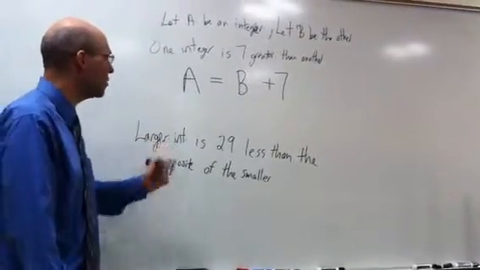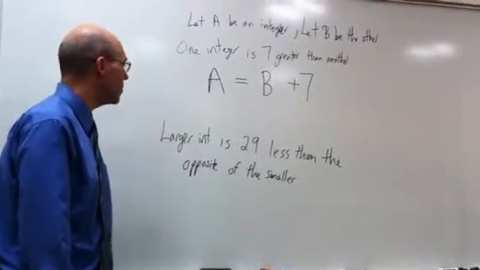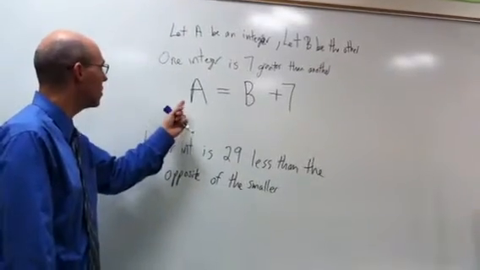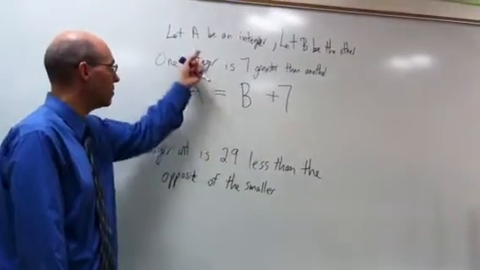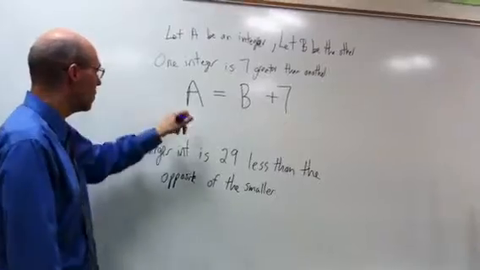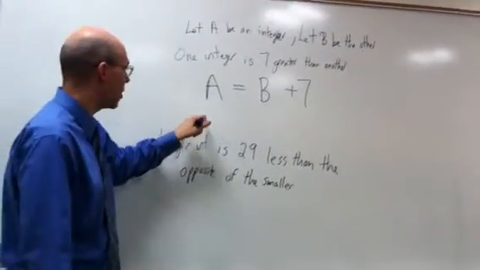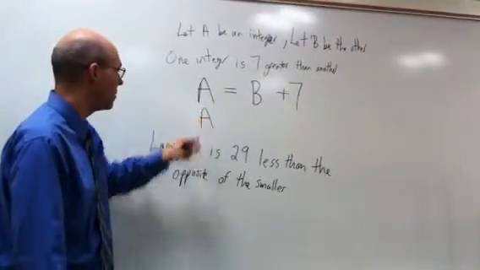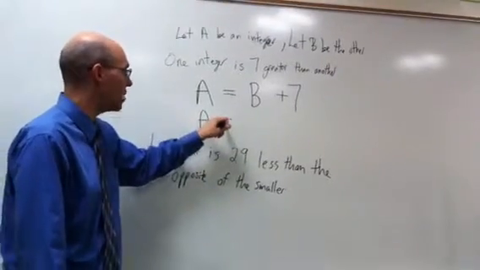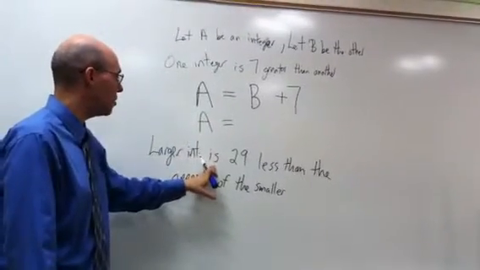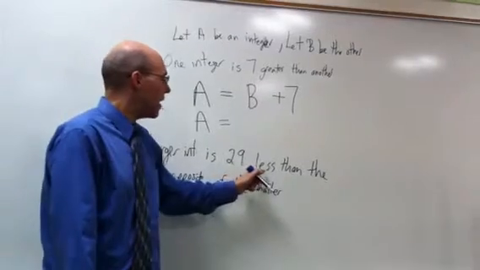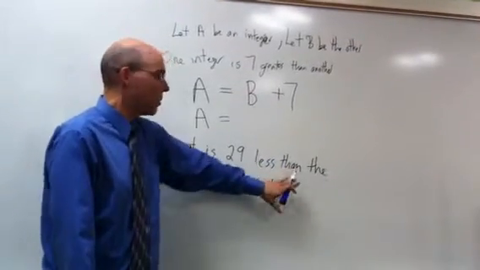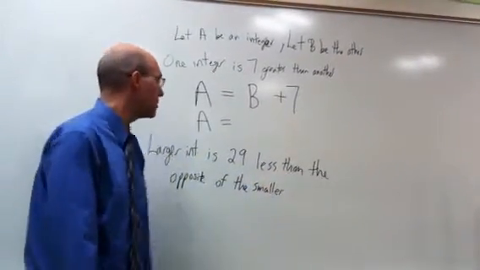Okay, so the larger integer. Well, let's try to remember, what was the larger integer? It turns out a is larger. So let's go ahead and just start translating right now. Larger integer, a, is, remember is means equals. So a equals 29 less than something. Let's not try to do too much at once.